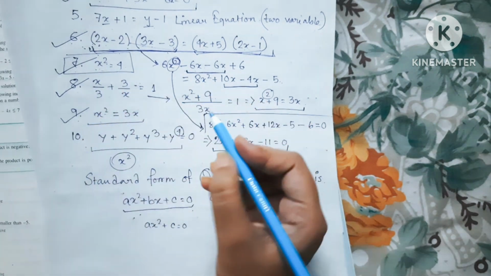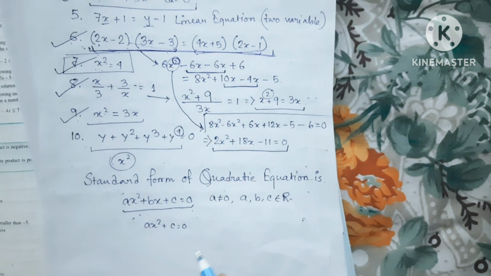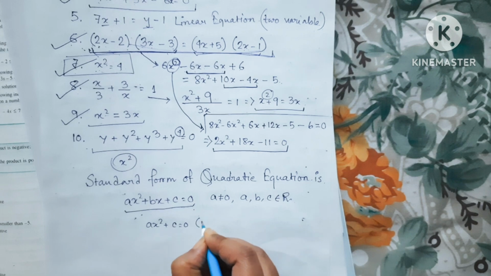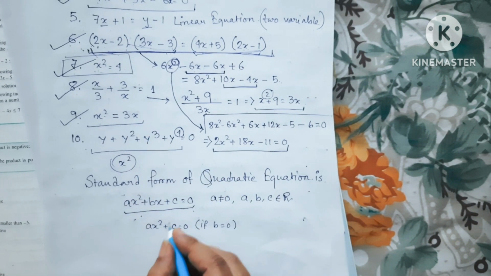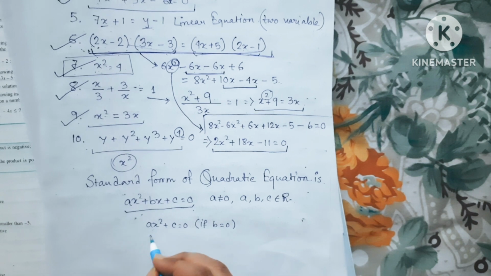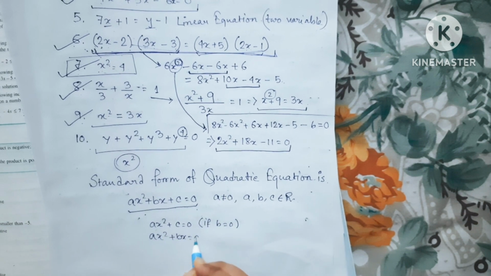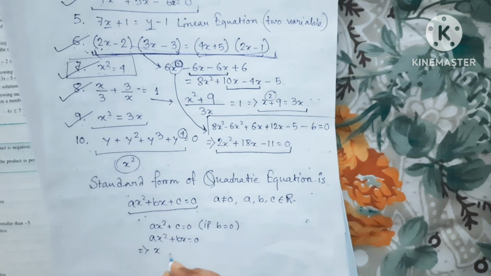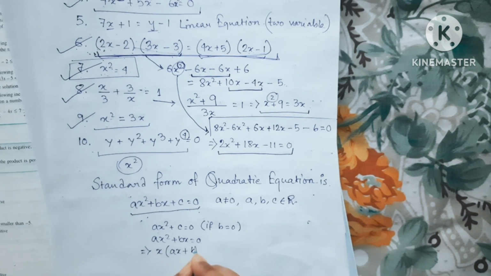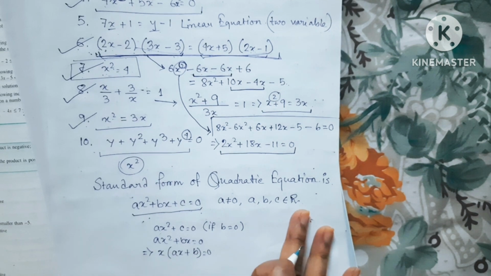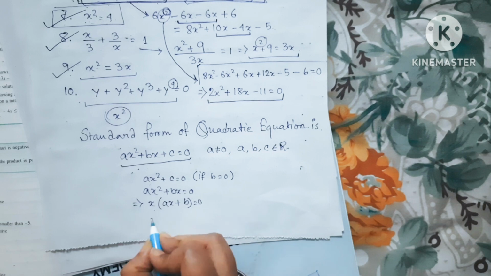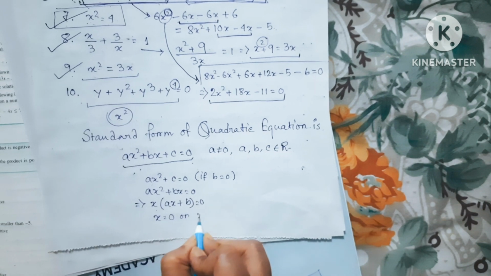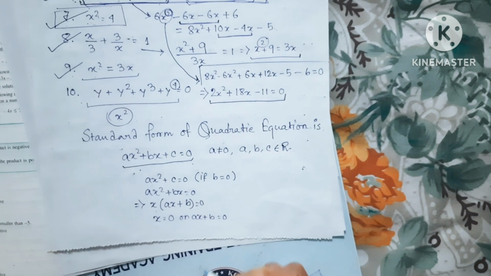Now if c equal to 0, what happened? If c equal to 0, that means ax square plus bx equal to 0. Now you can take x as common, right? So product of two terms is 0, that means either x equal to 0 or ax plus b equal to 0, right?